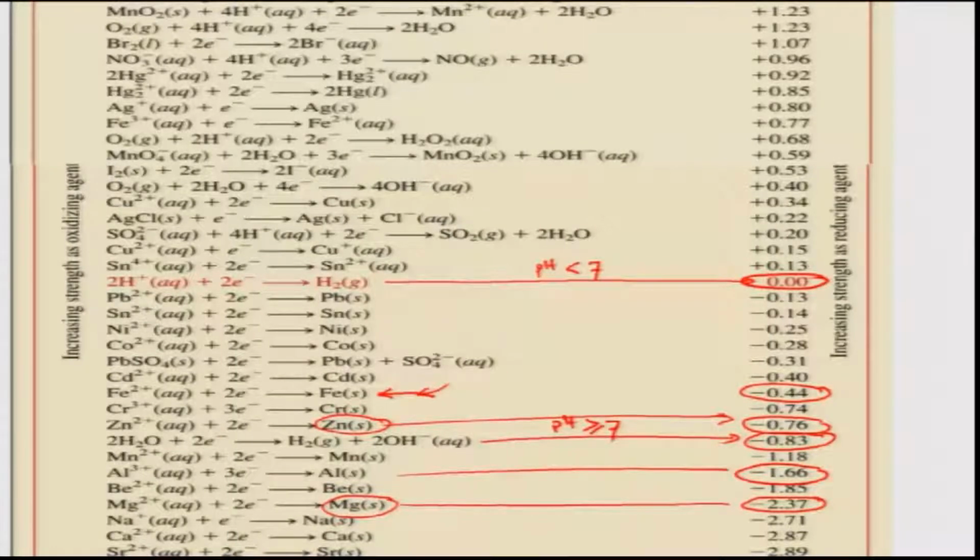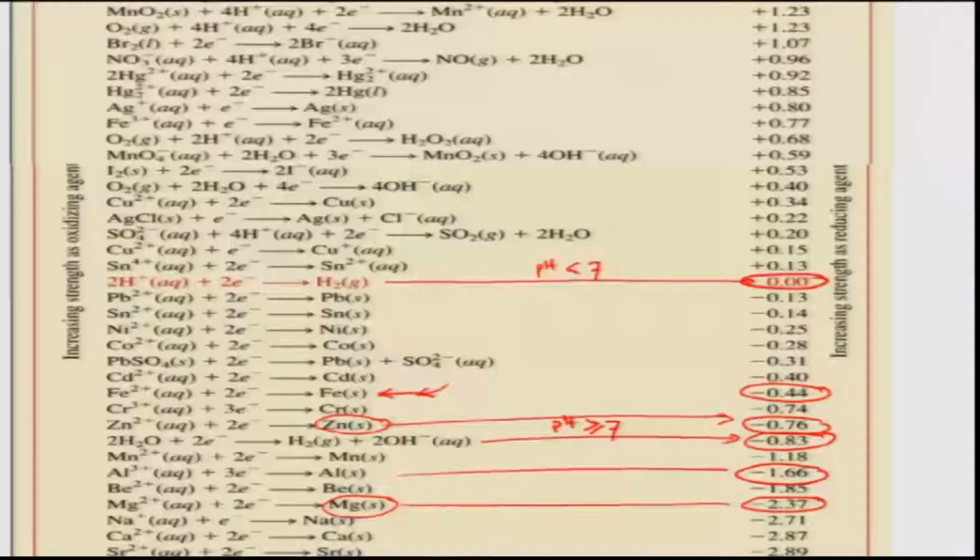So, from this we get back to the importance of this series. As we have mentioned, the series is constructed on the basis of thermodynamic values, and the inherent criterion is that the ions and species have to be in standard states, and activities should always be 1. In the case of metals, it is a pure metal condition.